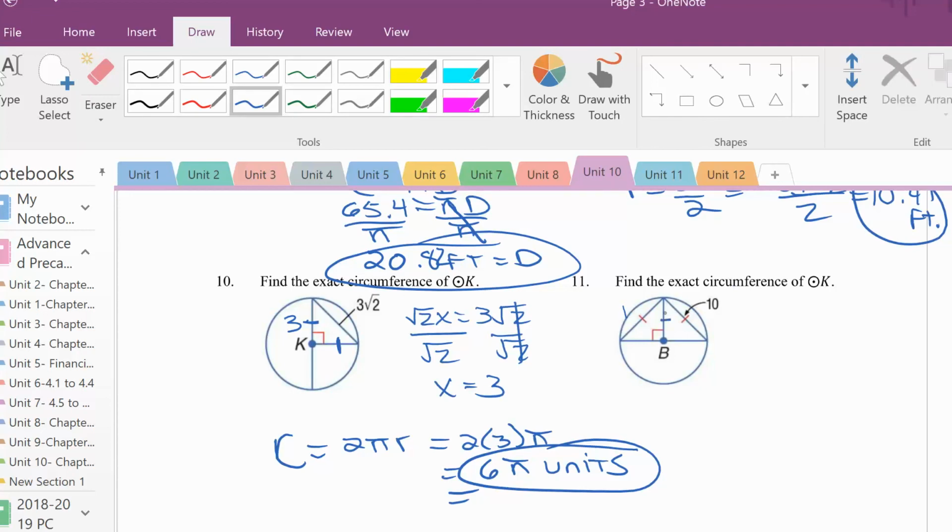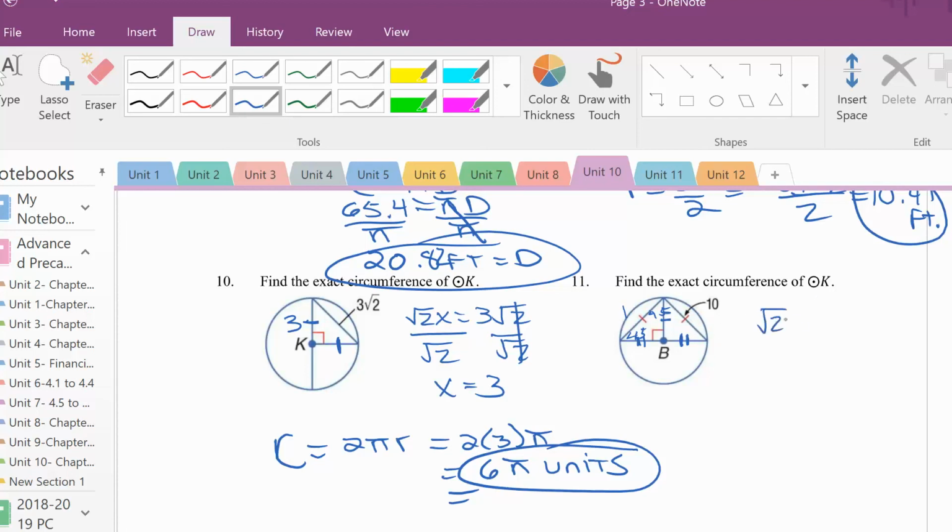And also understand that these two segments are congruent because they're all radii. So that means this is going to be a 45, 45, 90 on both sides with the hypotenuse being 10.